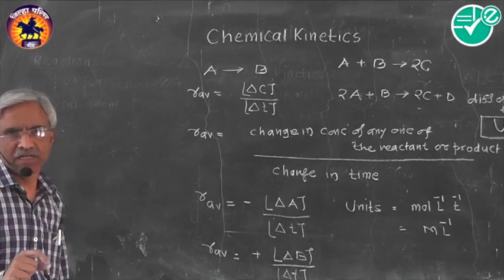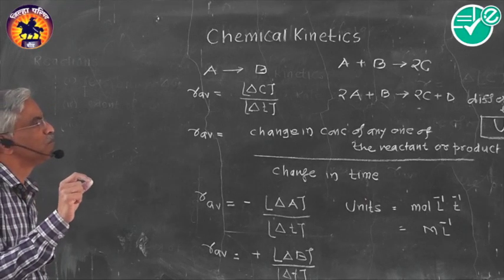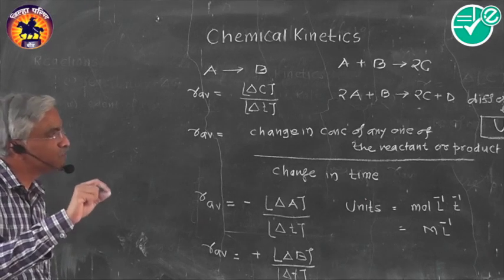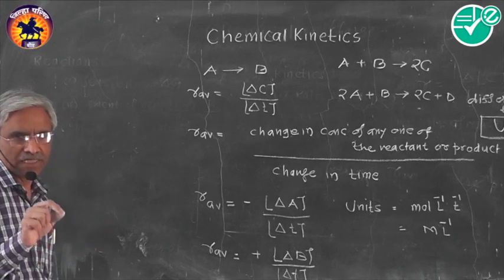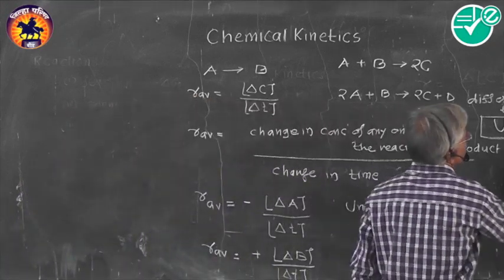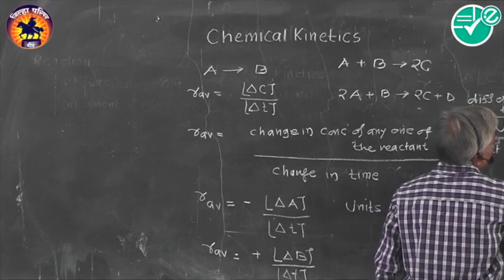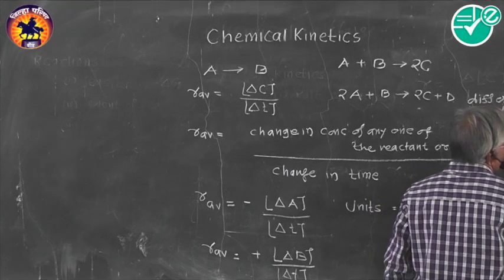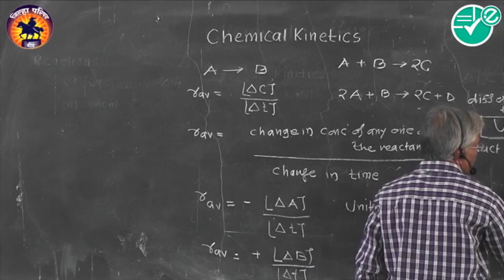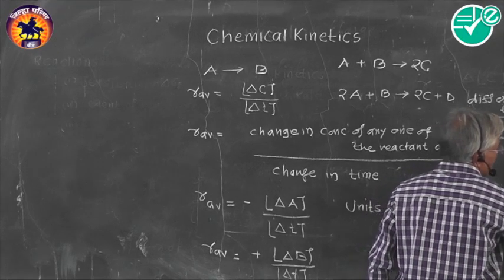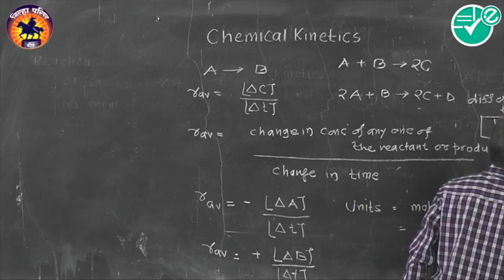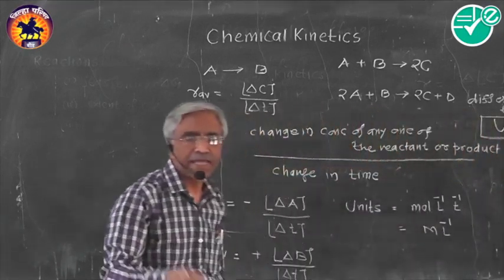And for that purpose, for such kind of reactions, for their rates to be uniform, we always express it in the form of 1 mole, and for that purpose, we divide the reactant or product by their, I will write in short, stoichiometric coefficient.